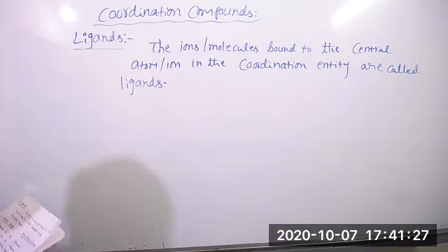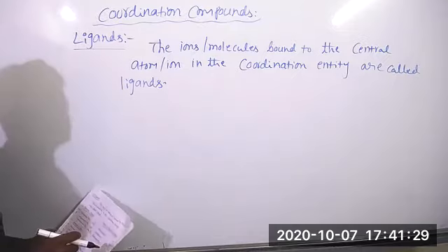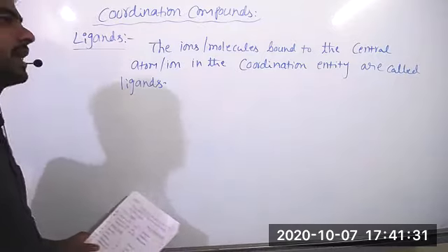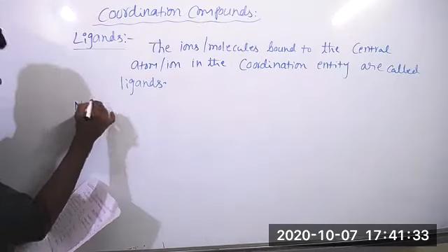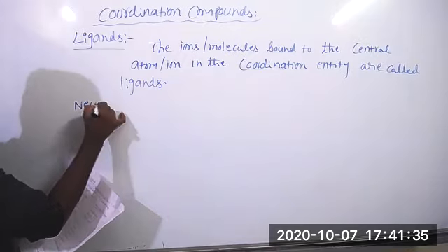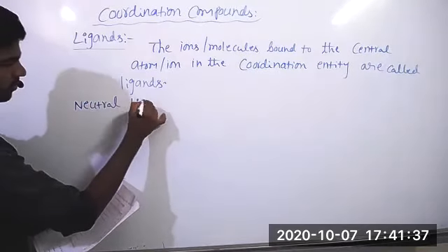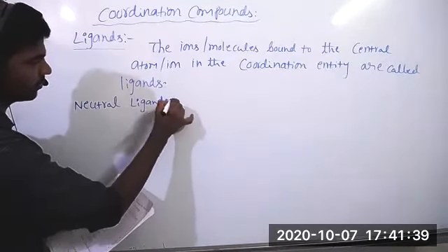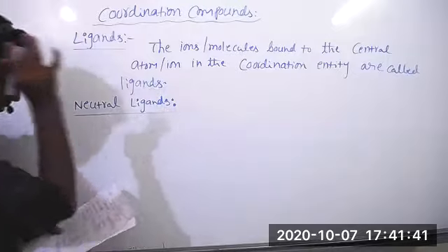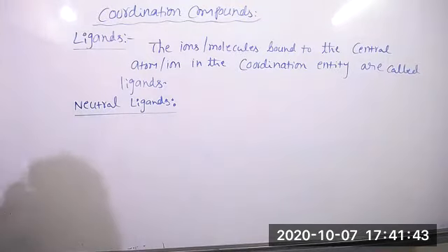So here ligands are first classified into positive ligands, negative ligands, and neutral ligands. First of all, write about neutral ligands. We have many ligands, but I'm giving you only the important ones, whatever is useful for our NCERT level.